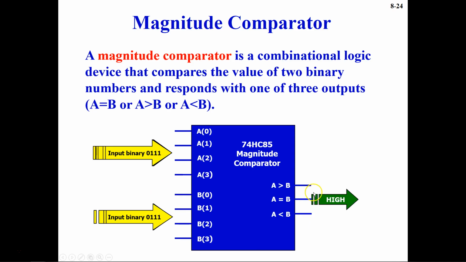So this magnitude comparator you can use in different applications. For example, they can be used in central processing units, microcontrollers. They are also used in control applications, in which the binary numbers represent physical values such as position, temperature, etc. And they are compared with some reference value.